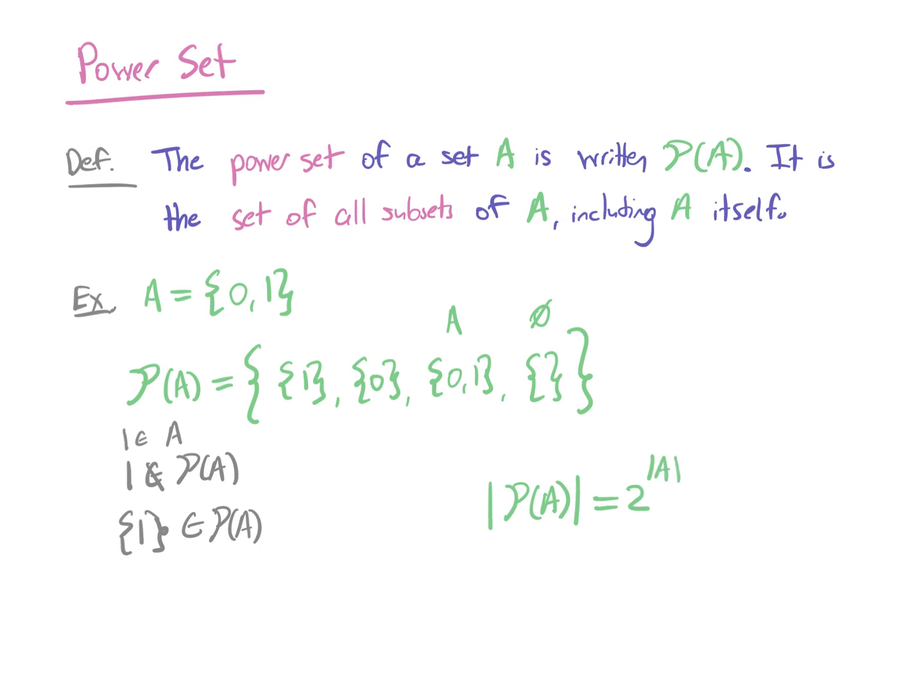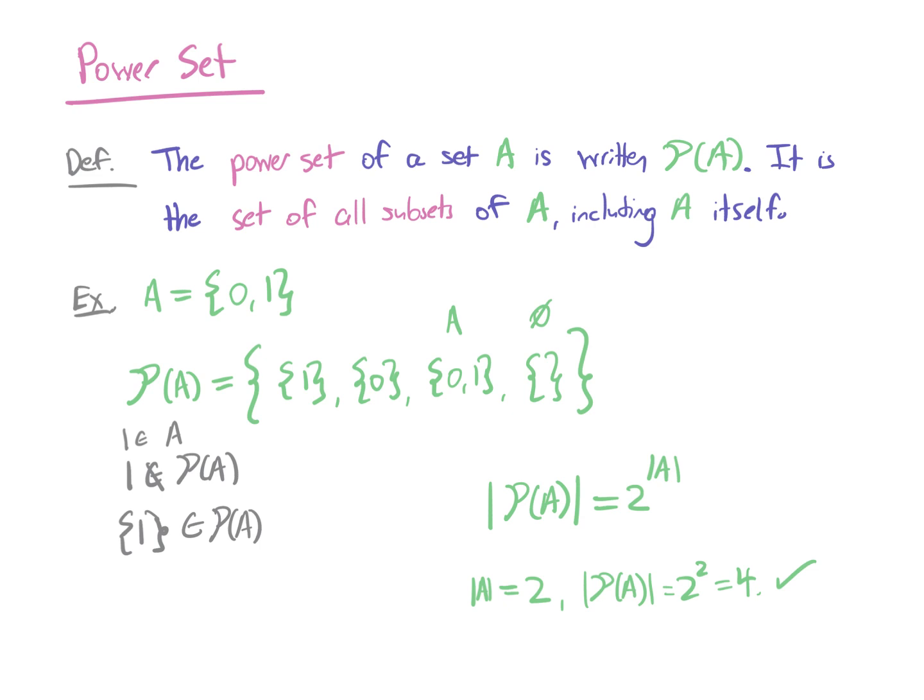So in this example, the number of elements in A was 2 elements, 0 and 1. So the cardinality of A is 2, and therefore the power set of A has cardinality 2 raised to the 2 power, which is 4. And indeed, that matches what we saw in our example.